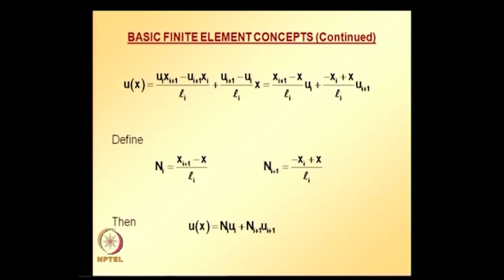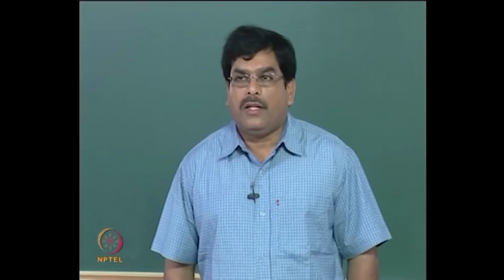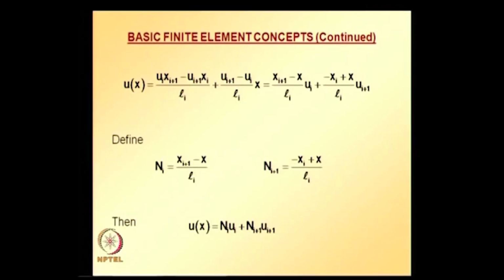If you see, 1 and x are linearly independent, similarly Ni and Ni plus 1 are linearly independent. Shape functions should be linearly independent, and also if you sum up Ni and Ni plus 1, they will be equal to 1. So, the sum of shape functions should be equal to 1.